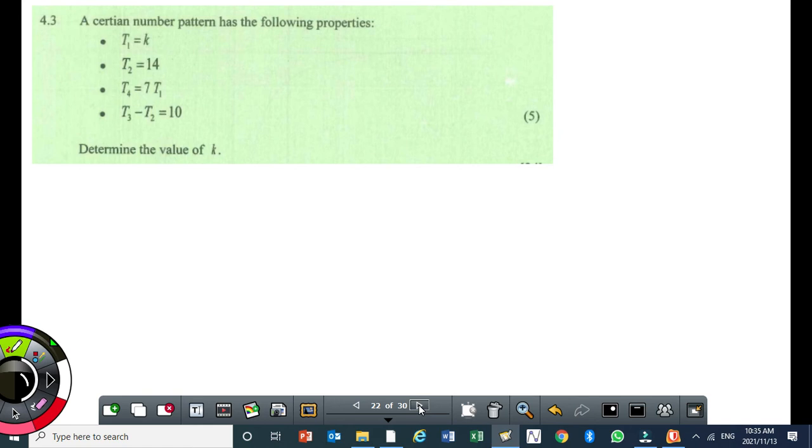Now, we don't know whether it's linear or quadratic. But based on the information that's there, our first term is K, T2 is 14, we don't know T3, right? So T3 I can call it X, T4 is equal to 71.